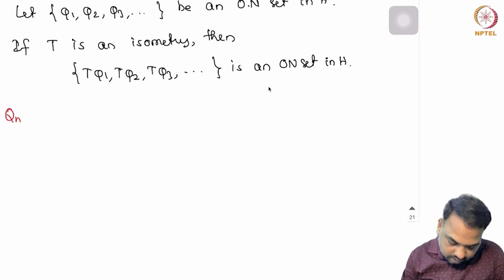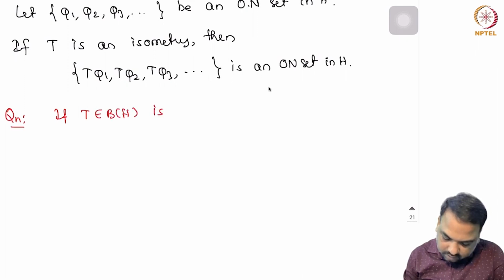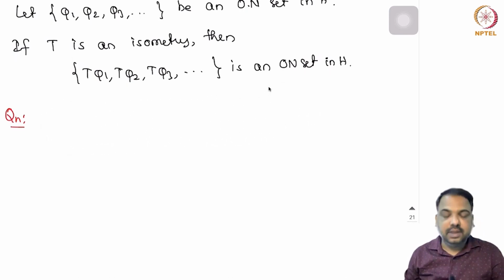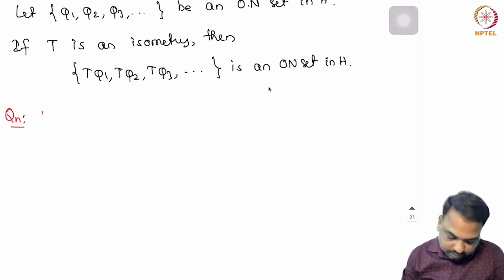This is the question: if T is an isometry, is it true that, I am repeating, let T be an isometry.